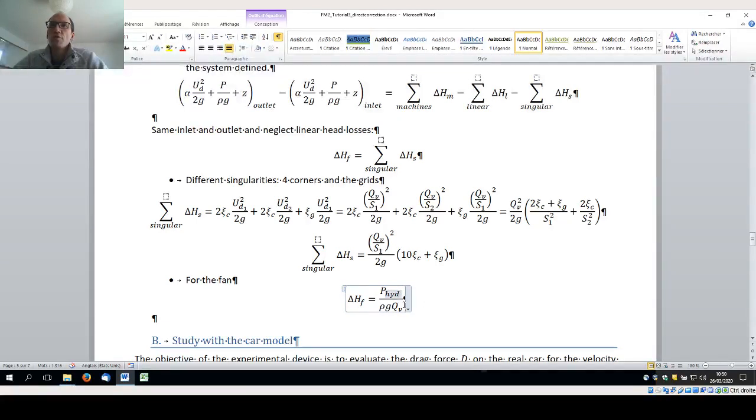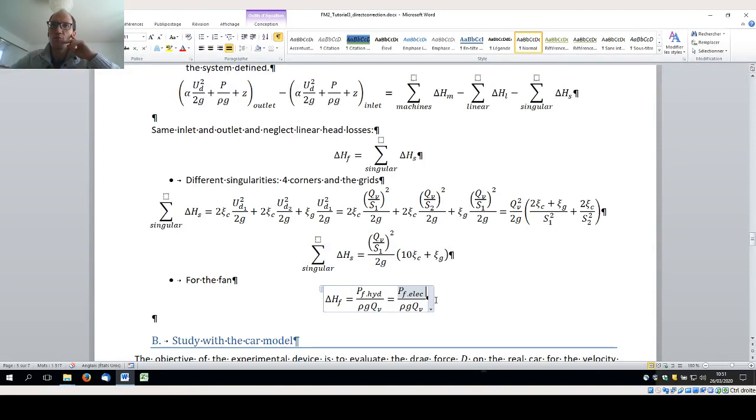So the power of the fan from the hydraulic point of view, and what we are looking for here is the electrical power. So the electrical power of the fan to provide energy is larger than the hydraulic power.